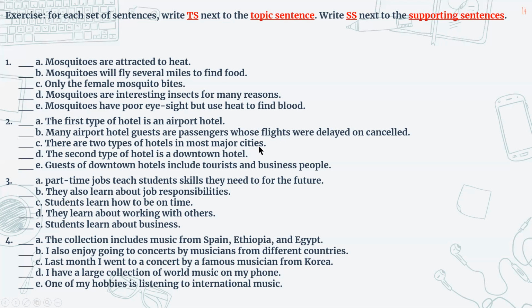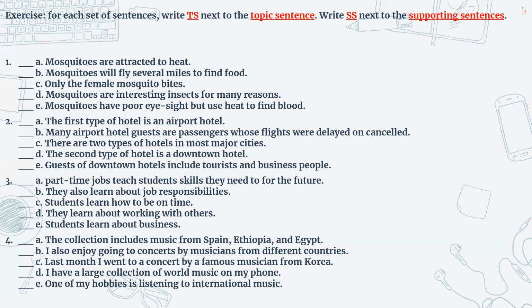Okay, C is the topic sentence because it tells your readers that you will be talking about these two types of hotels in most major cities. Okay, so C is the topic sentence, and the rest are supporting sentences. Three, part-time jobs teach students skills they need for the future.